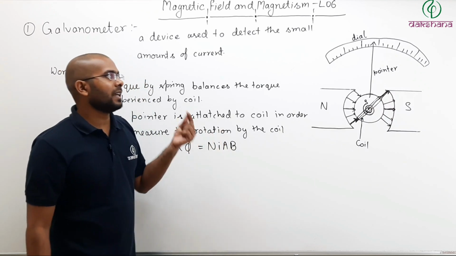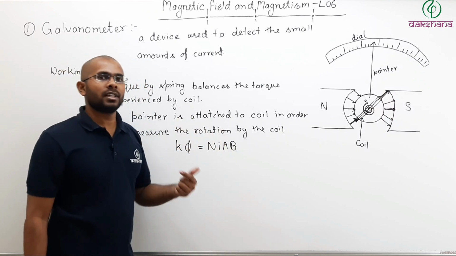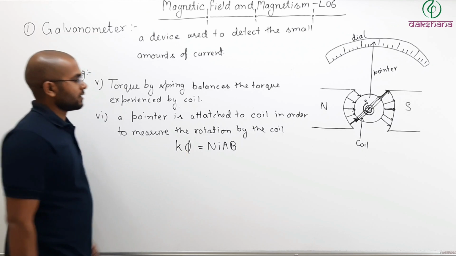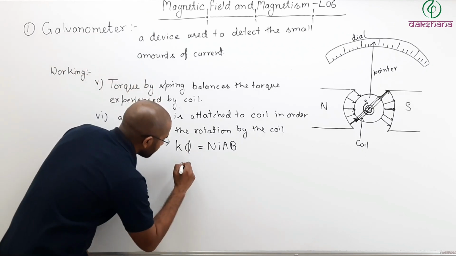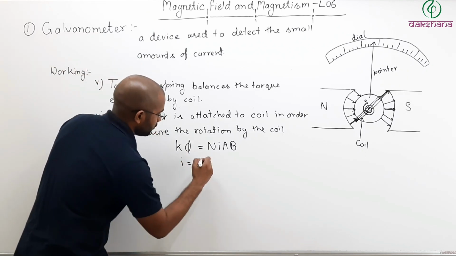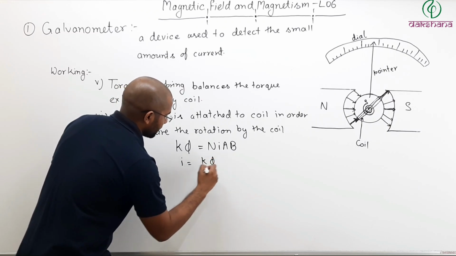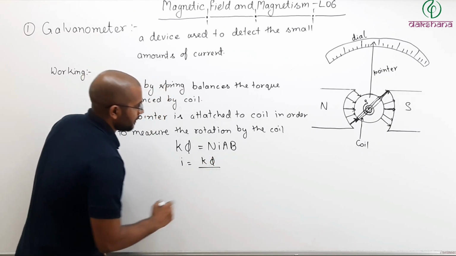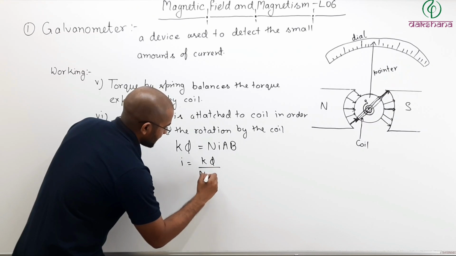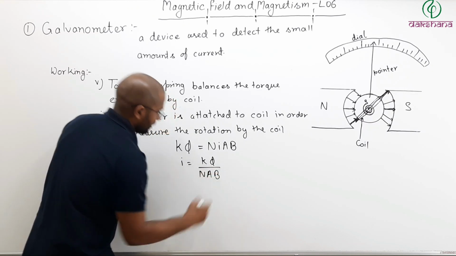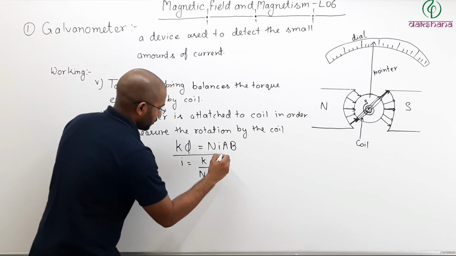The angle between area vector and field vector is always 90. So K phi is equal to NIAB. So I will be equal to K times phi divided by NAB, like this.